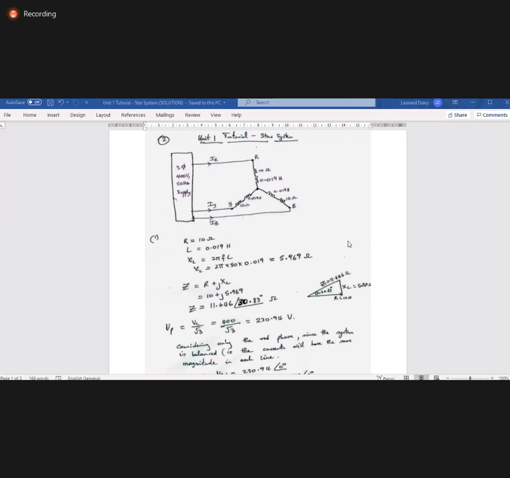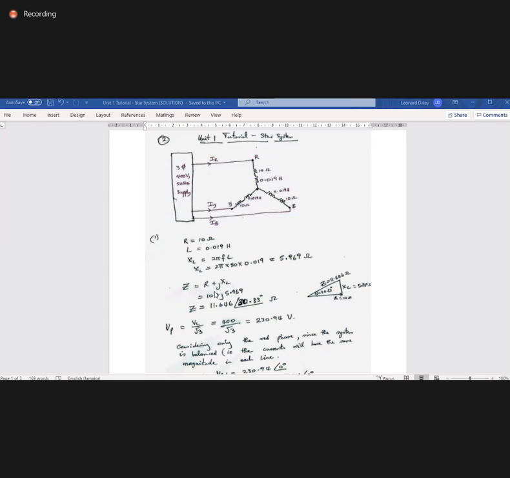So we need to find the inductive reactance, and that is XL, and it's equal to 2 pi f L. So work out what XL is equal to, and then we need to find the impedance of each inductor. So you use R plus jXL, or you could do your triangle and use Pythagoras.